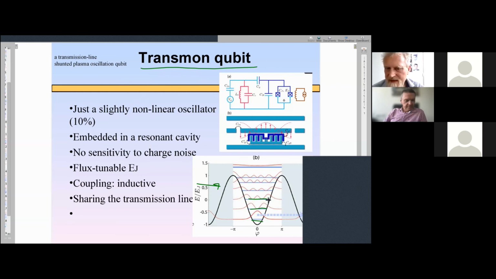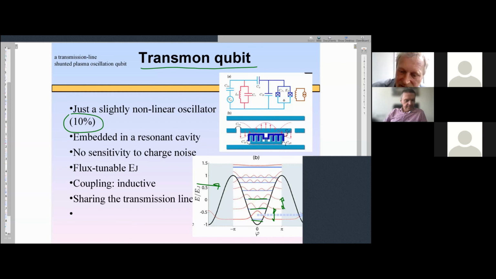However, this oscillator is a slightly nonlinear one. What does it mean? It means that this energy difference differs from this one by about 10%. And that appears to be enough for qubit applications.